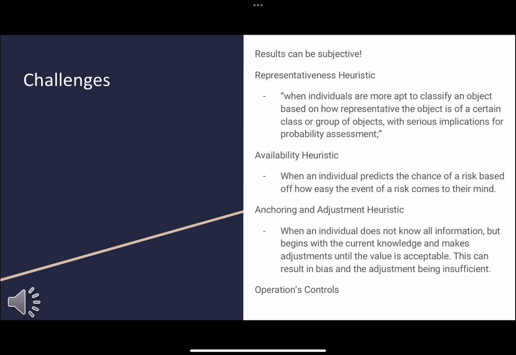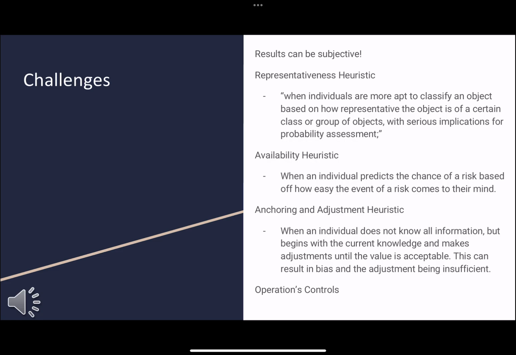Let's now look at some challenges that a healthcare organization may face when using the semi-quantitative analysis. The first is representative heuristic. That is, when individuals are more apt to classify an object based on how representative the object is of a certain class or group of objects, with serious implications for probability assessment.